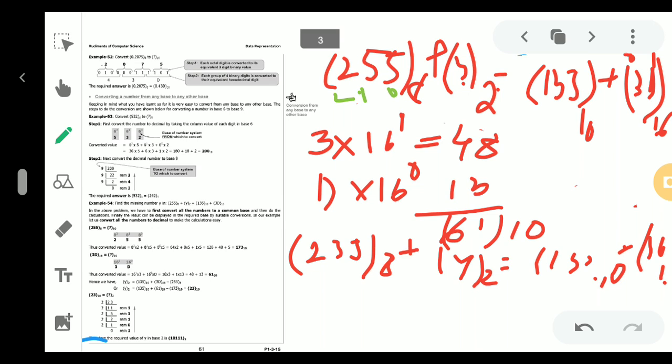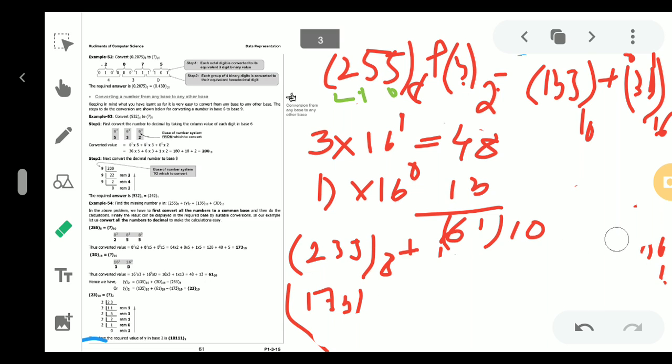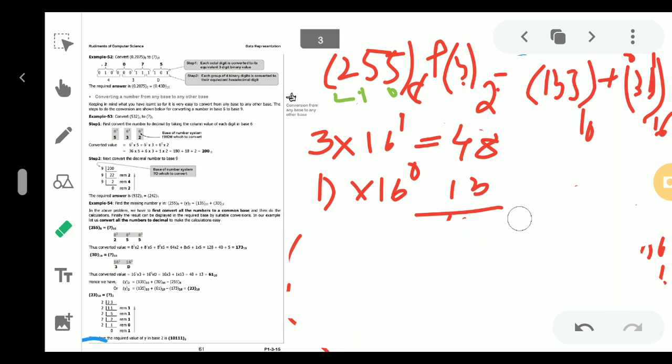So I am putting the base 10 values. Okay. So 255 base 8 means what? 173 base 10, plus y value, which we don't know, we will keep the term, and 13. It becomes clumsy. Let me clear this up, and from the beginning I am writing. It becomes so clumsy.